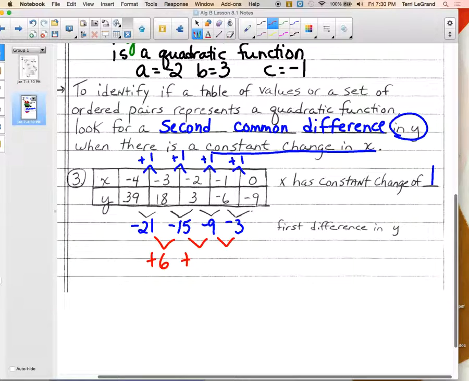And the distance between negative 15 and negative 9 is 6. And our last difference, negative 9 to negative 3. Again, we're going right on the number line. The distance between those two is 6. This is what we call our second difference in y. So we just found the second difference in the y values.